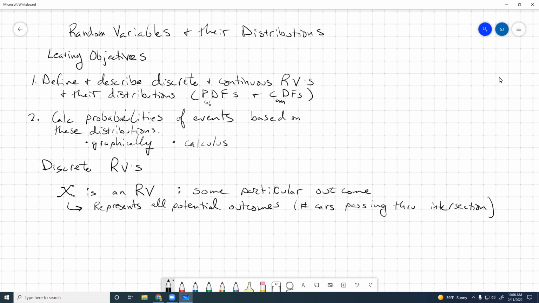And then what we're interested in is saying, okay, what's the probability that big X is equal to some outcome, little x. So big X is the random variable, it's all outcomes. And little x is a particular outcome.